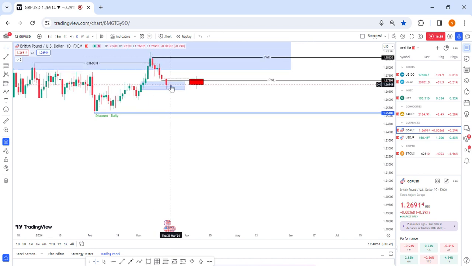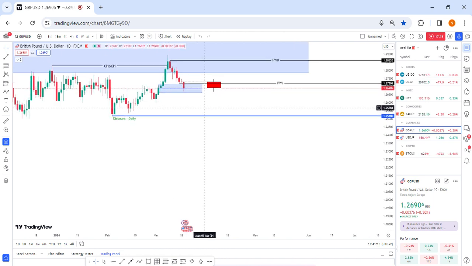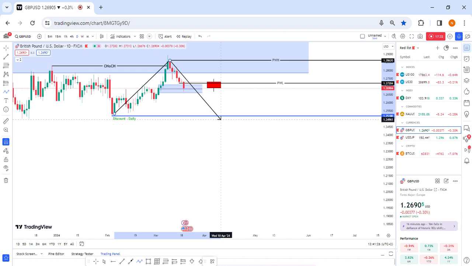So we are anticipating on the daily time frame that it came into our OTE over here. We want to see if price might come and then push to the upside to take out this high over here. Or could it be doing something like this? We might take out this OTE here, it might go lower, then push up further, or completely take out this low.